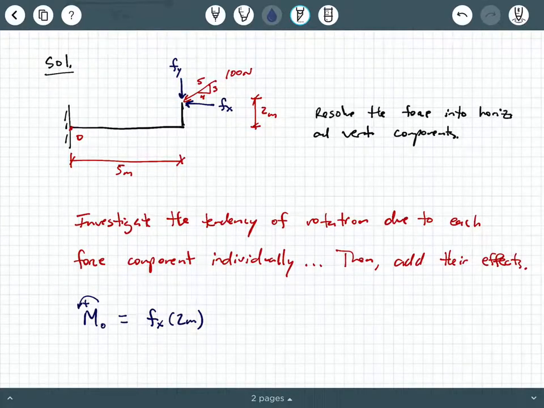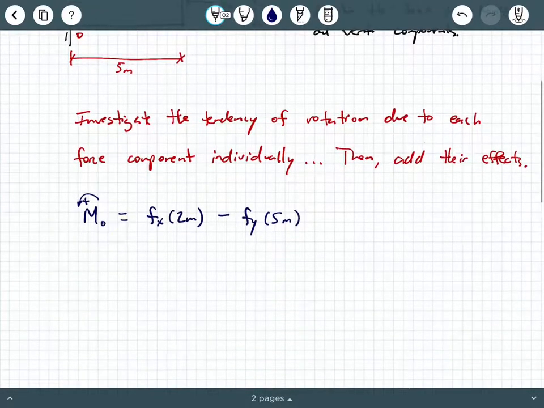That's why we say perpendicular distance, okay? So the tendency of rotation caused by the y component, what direction is that going to be? Well, that's going to be a clockwise tendency of rotation. So in that case, we're going to call that a negative quantity. So we're going to say minus F sub y times 5 meters, okay?